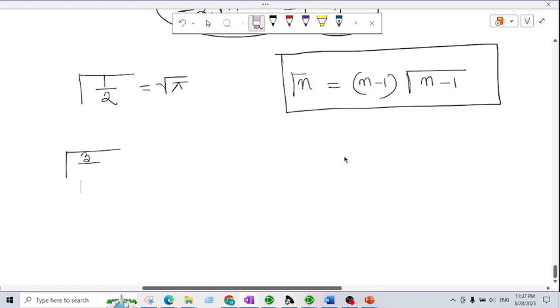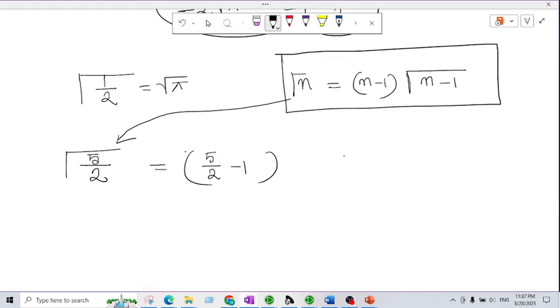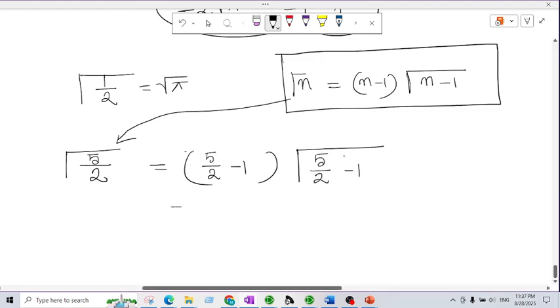Well, let's find some bigger one. Let's find gamma 5 by 2. So how to do this? Let's first use this formula. This gamma 5 by 2 can be written as 5 by 2 minus 1 times gamma 5 by 2 minus 1. So 5 by 2 minus 1 means 3 by 2, then gamma 3 by 2.